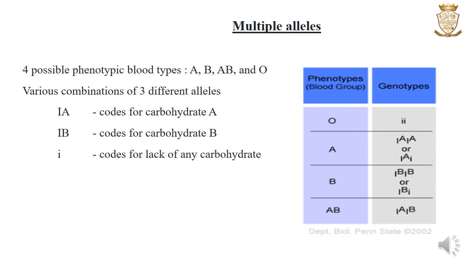An individual with 1 or 2 I^A alleles will have blood group A. Those with 1 or 2 I^B alleles will have blood group B. And those with both the I^A and I^B alleles will have blood type AB. And those with a genotype ii, small case ii, will have blood group O.